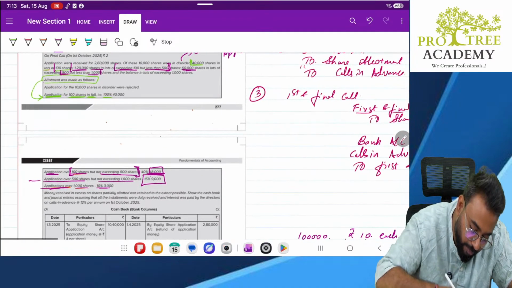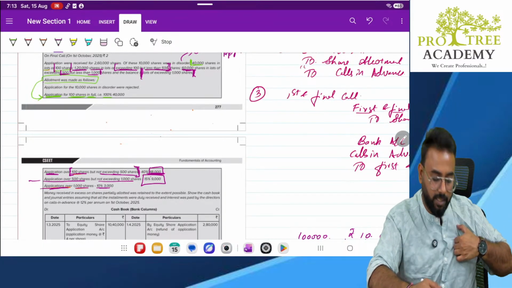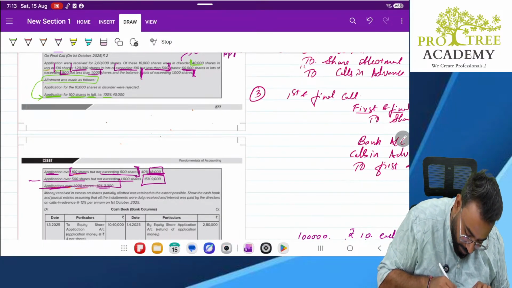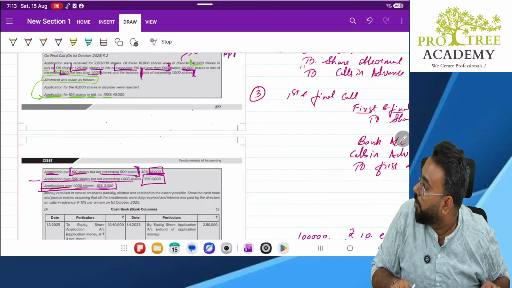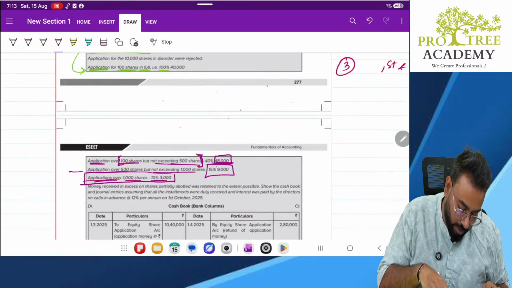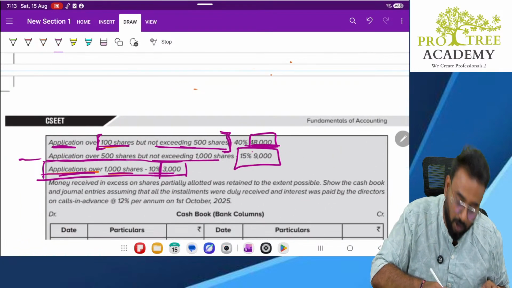Which shares? Lots exceeding 1,000 shares. This one. Clear? Here also they have not given applied numbers. Here they have given only allotted numbers.